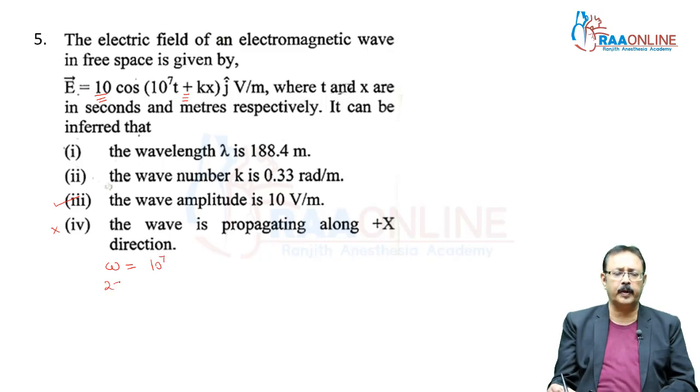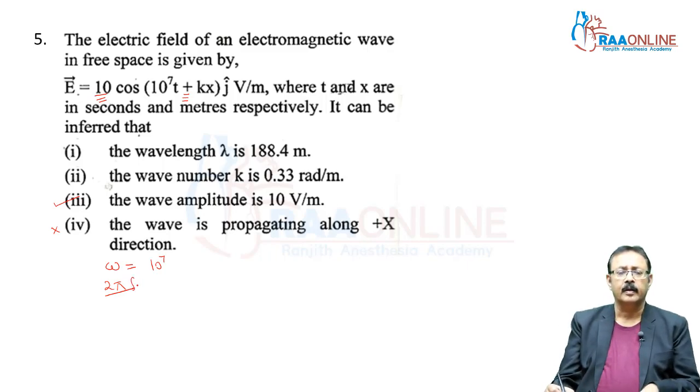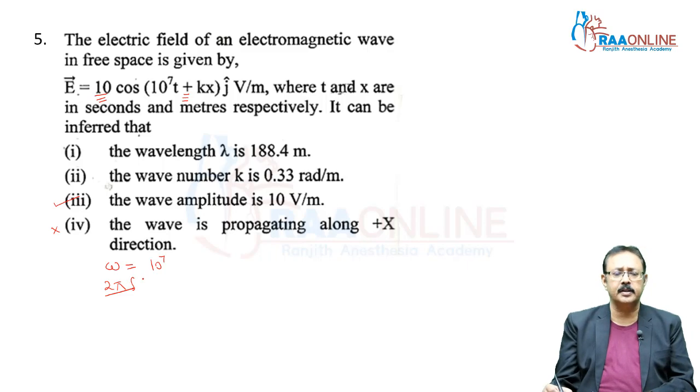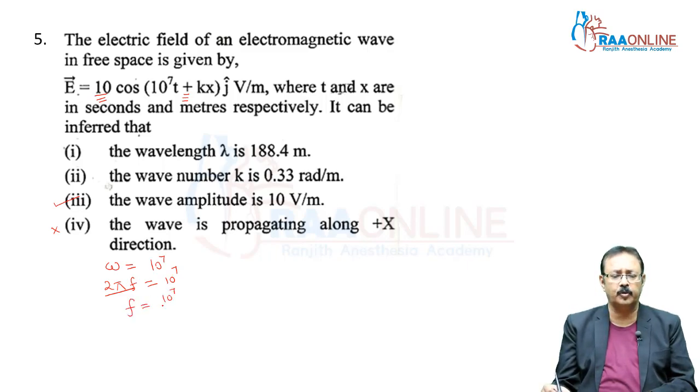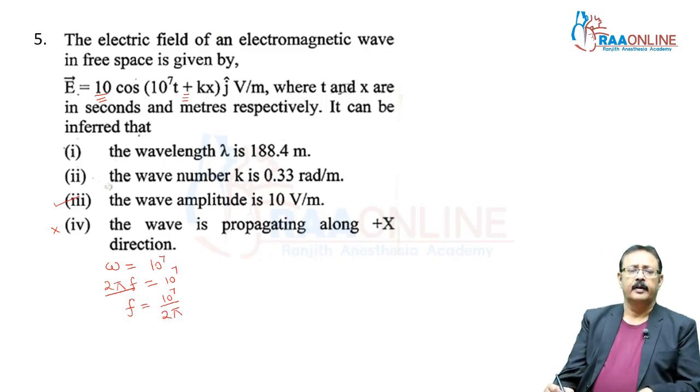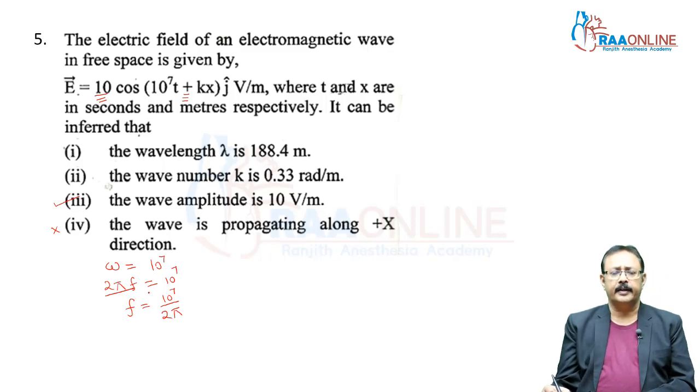Omega is 2 pi by T, or 2 pi f, frequency. Frequency, no option is there. So 2 pi f is equal to 10 to the power 7. So frequency, you will get 10 to the power 7 by 2 pi. Wave number k. K is 2 pi by lambda.